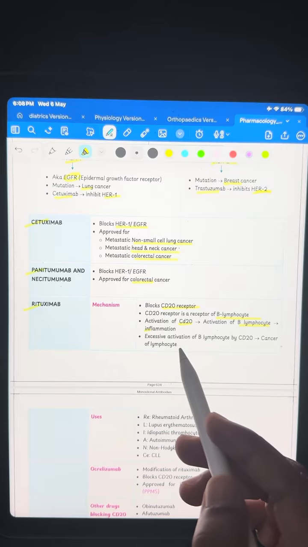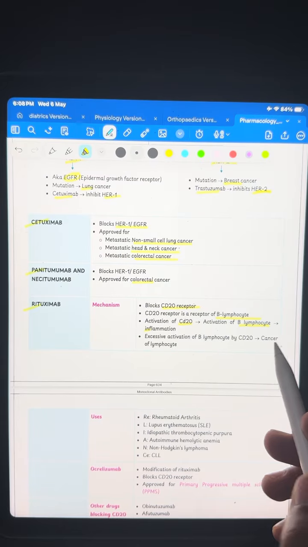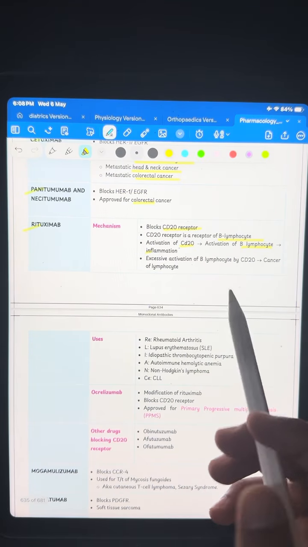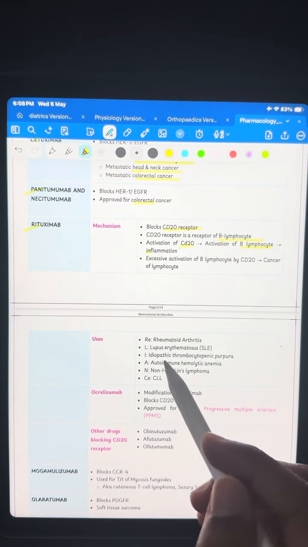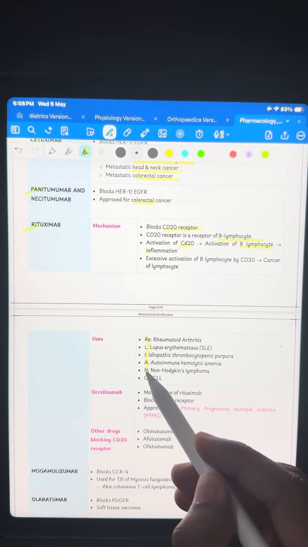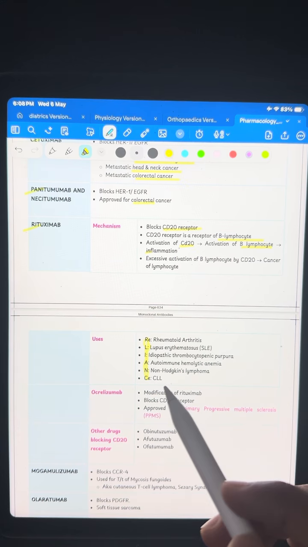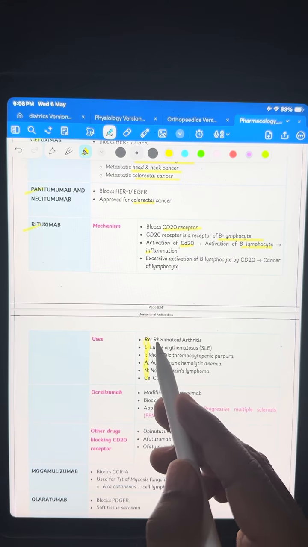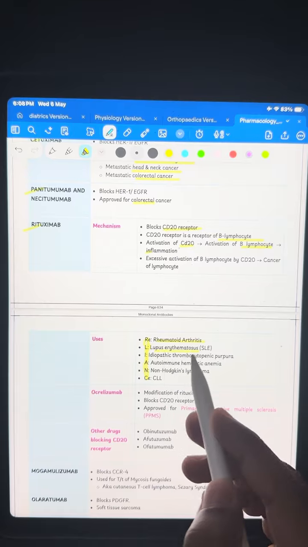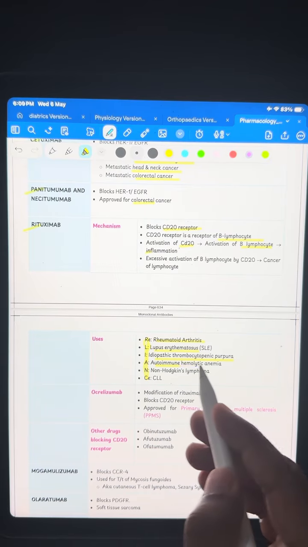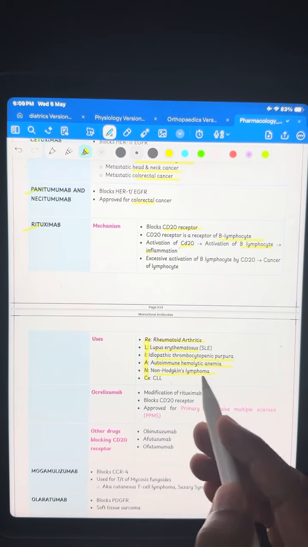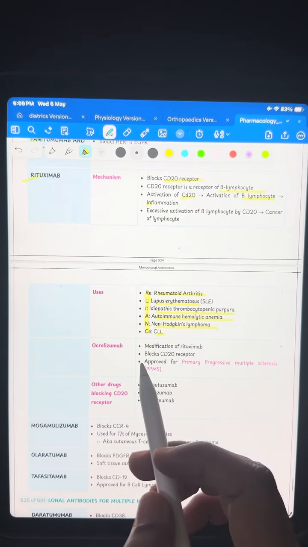Okay, excessive activation causes cancer of lymphocytes. Now uses. Rheumatoid arthritis, lupus erythematosus, idiopathic thrombocytopenic purpura, autoimmune hemolytic anemia, non-Hodgkin's lymphoma, and CLL.